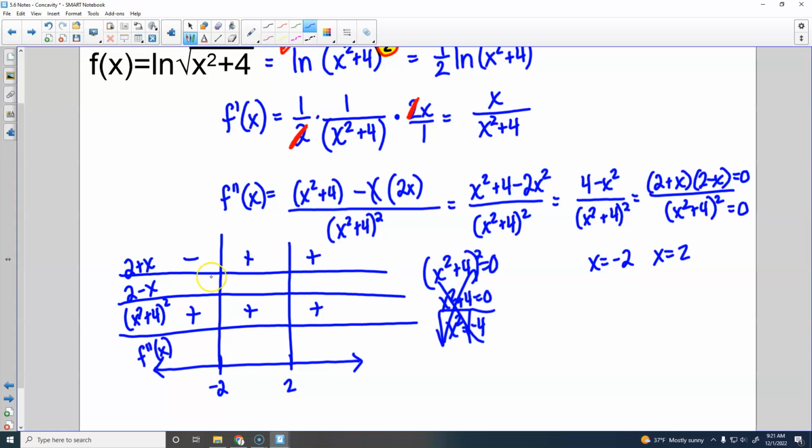Be careful right here because it's kind of backwards. Usually they start with negatives and then switch to positives, but right here, if I plug in -3, I'd have 2 minus -3. Double negative makes it a positive. You actually get a positive right here. You would get positive if you plugged in 0, and then you get a negative over here. So we end up with negative, positive, negative.